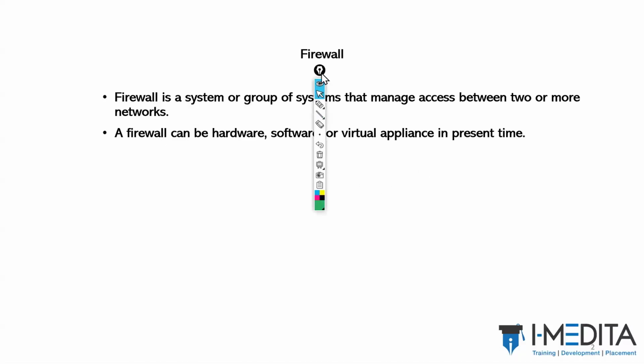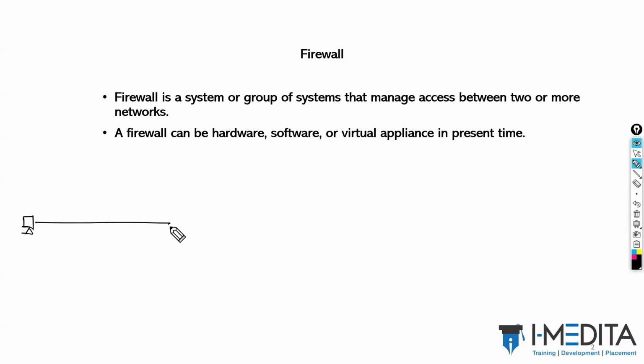I hope that all candidates have knowledge of at least CCNA. Assume we have a PC connected with router 1, router 1 is connected with router 2, and router 2 is connected with another PC. This is my network diagram. We have two branches connected with each other.